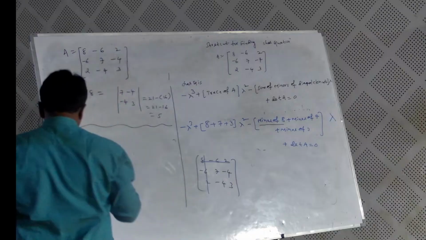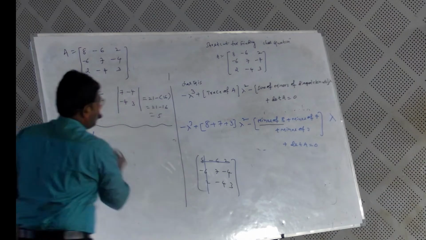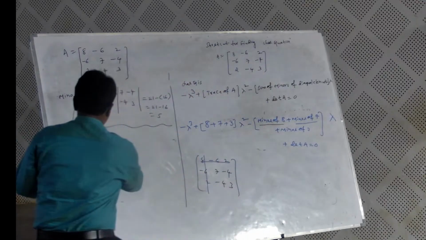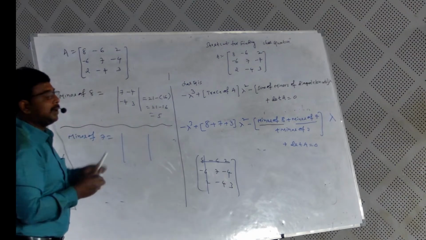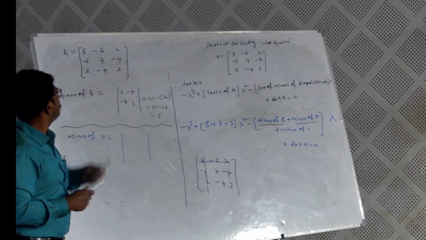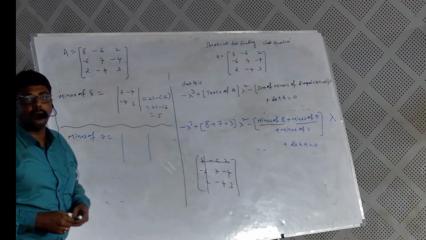Next we are moving to the minor of 7. Remove this row, remove this column.